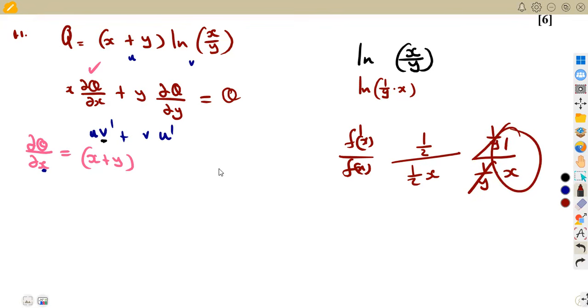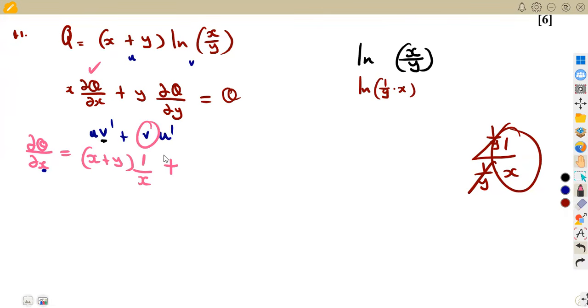Are we together, guys? Y acts as a constant, the same way you differentiate if there was a number, because it's with respect to x. So we're going to obtain 1 over x in this case.